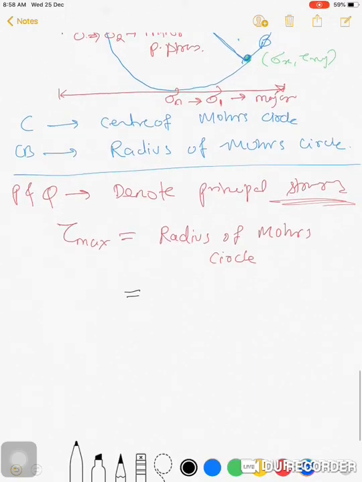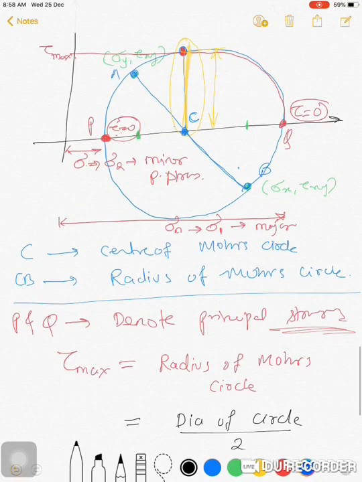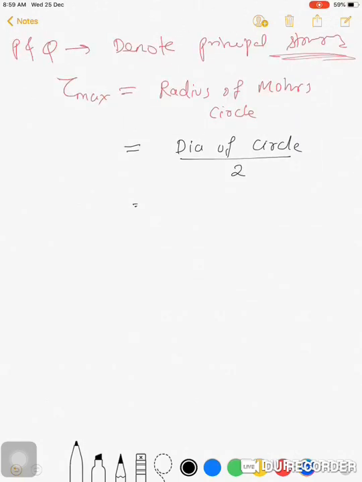So the radius is simply the diameter of the circle divided by 2. And what is the diameter? This is the diameter, PQ. PQ means sigma 1 minus sigma 2. So tau max is sigma 1 minus sigma 2, divided by 2.